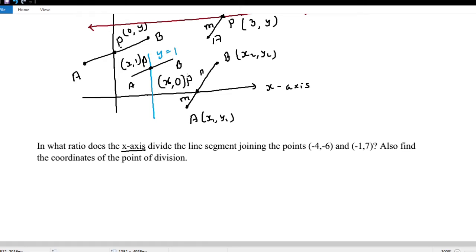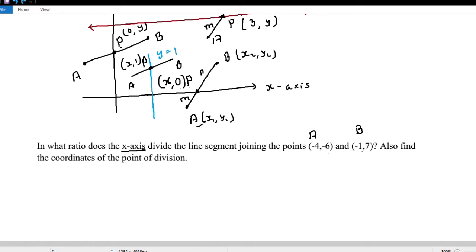So this is your x-axis, this is your point P. Dividing -4, -6, you can assume that is A for you, and -1, 7 is B for you. So what is that point P on the x-axis? x, 0. So taking comma 0 was important here.